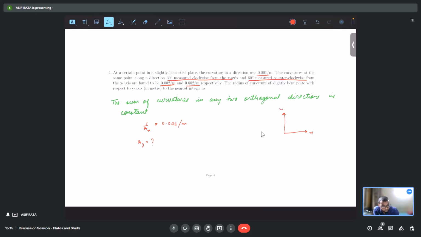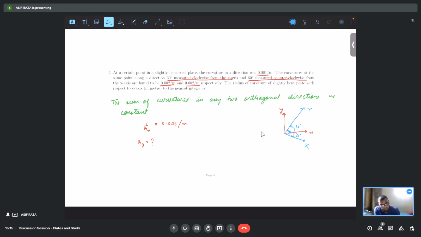We are given a curvature value at a 30 degree measured clockwise, let us assume it as capital X, and 60 degree measured counterclockwise as capital Y. So we see that these two given values are orthogonal to each other.